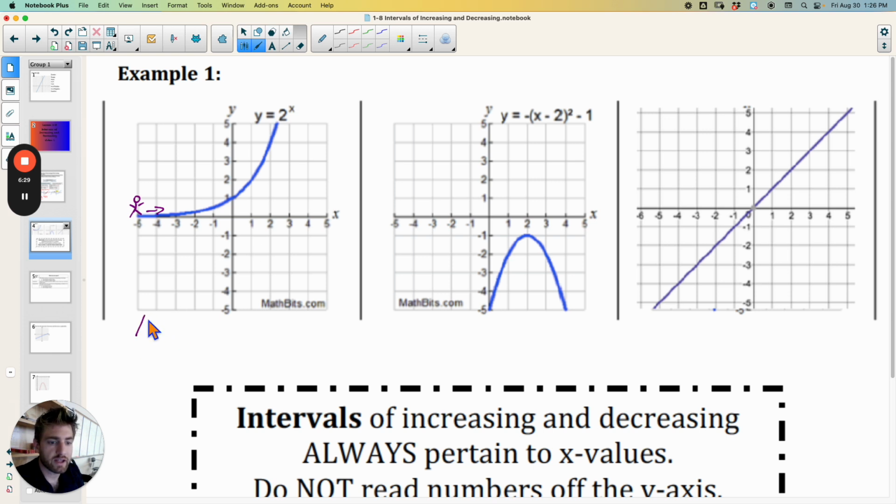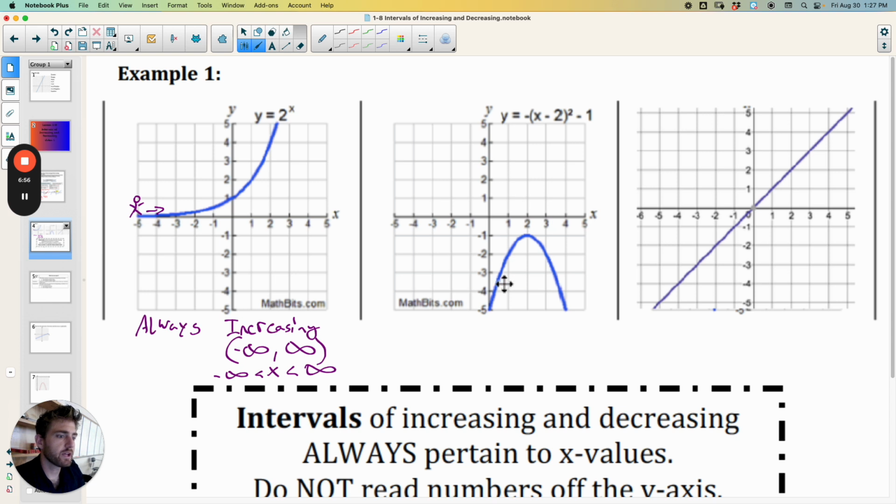So you can say always increasing, or you could say increasing from negative infinity to positive infinity, non-inclusive, or you could say x is less than infinity but greater than negative infinity, or increasing on all real numbers.